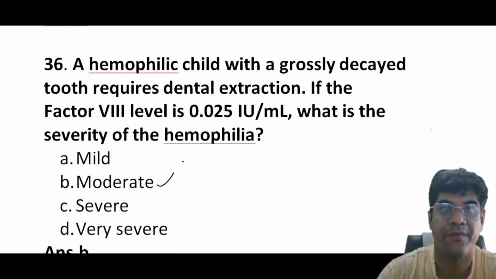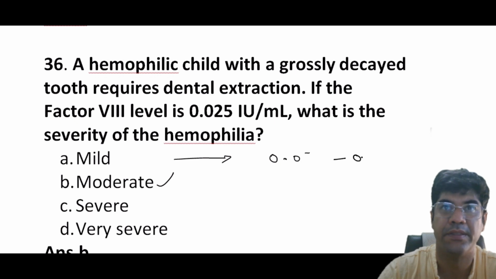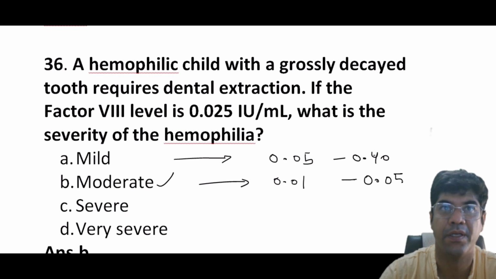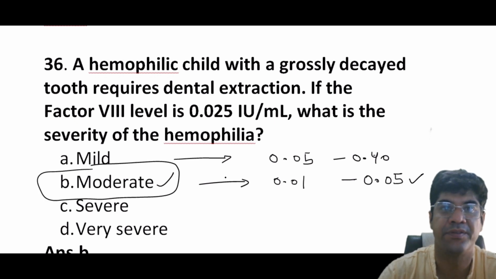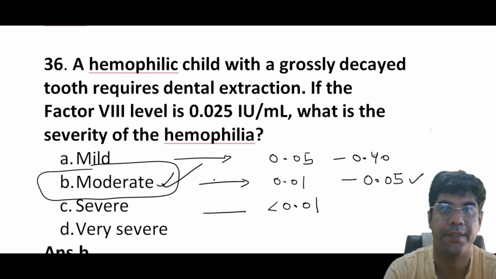So you have to remember, for mild, the level is between 0.05 to 0.40, and for moderate the value is between 0.01 to 0.05. So the answer is moderate, and for severe it is less than 0.01. So your answer is B here.